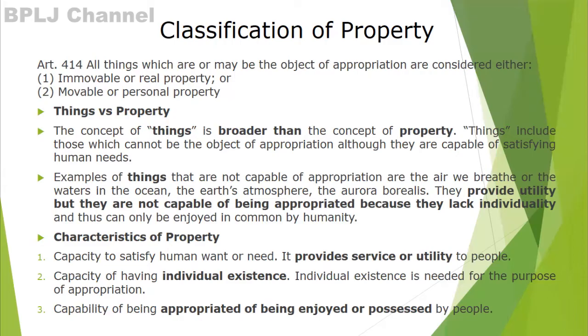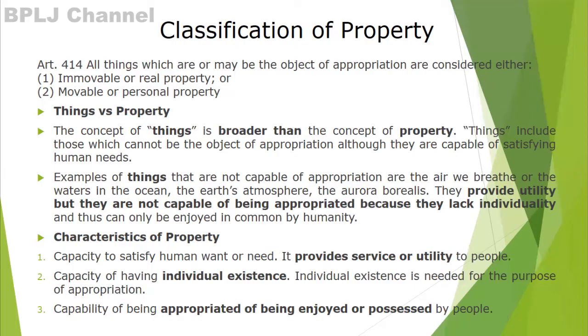Thing is a broader concept because it includes those which cannot be the object of appropriation, although they are capable of satisfying human needs. Examples of which are the ocean, the open sea, the Earth's atmosphere, the aurora borealis. So they provide utility. They are capable of satisfying human needs, but they are not capable of being appropriated.